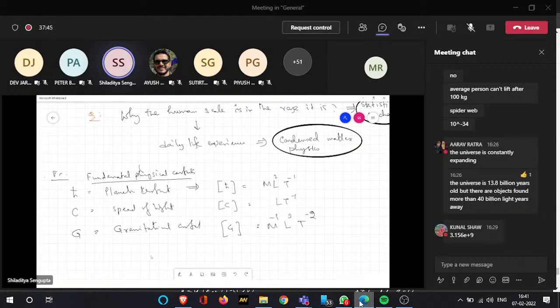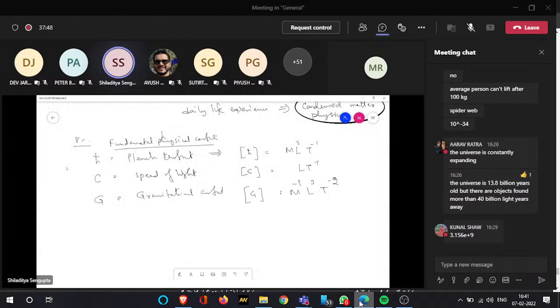Now, using these three constants, one can define a length, and this length is called the Planck length.